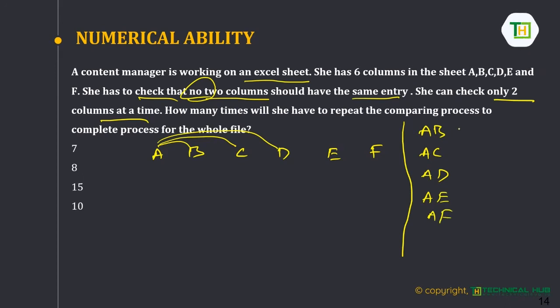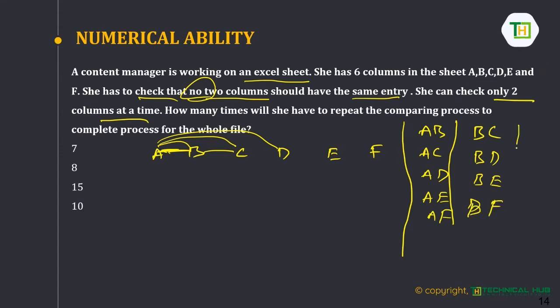Right? After that, I will start with B. If I start with B, there is no need of checking BA because AB comparison is already done. Now you go with the next one, BC, next BD, next BE, next BF.